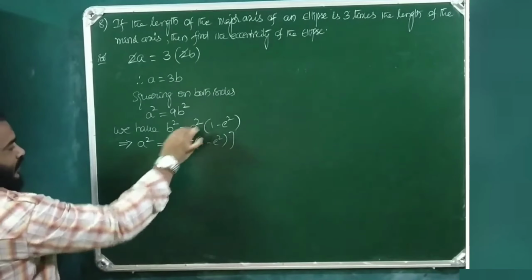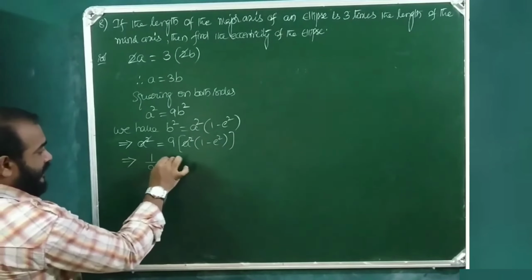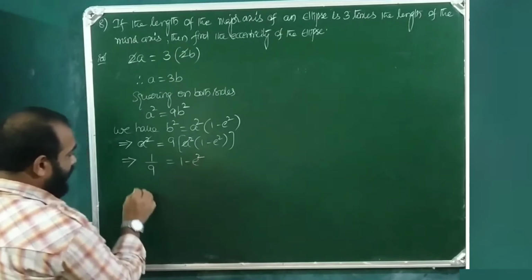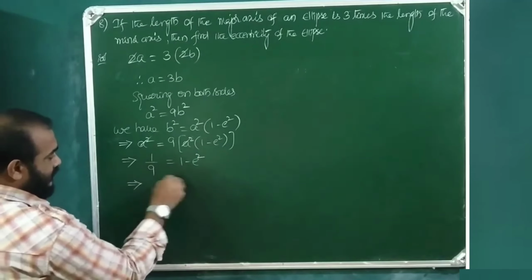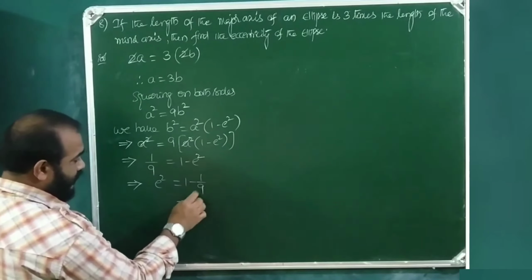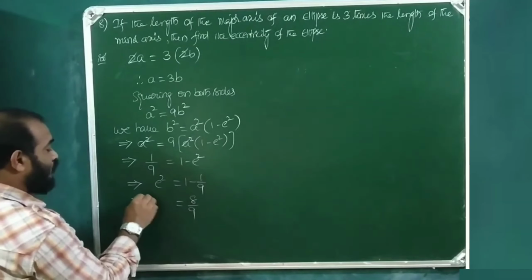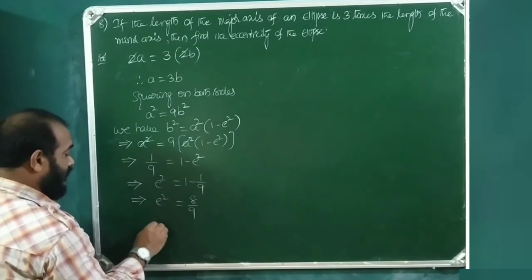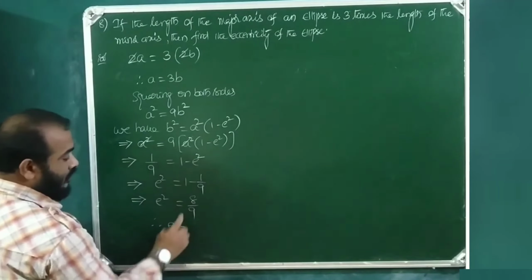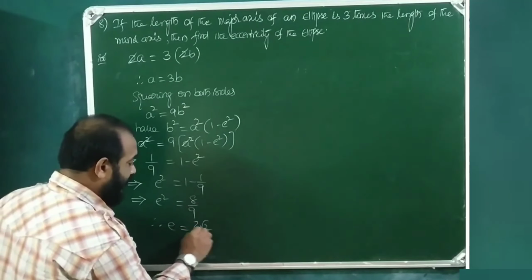So a square gets cancelled. This gives 1 by 9 equals 1 minus e square. So e square equals 1 minus 1 by 9. 9 minus 1, 8 by 9 is e square. Therefore e equals the square root of 8 by 9. This is 2 root 2 by 3.